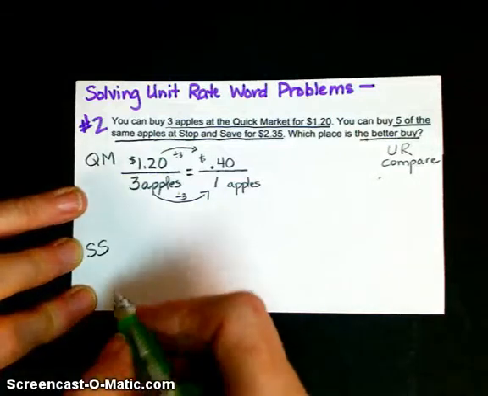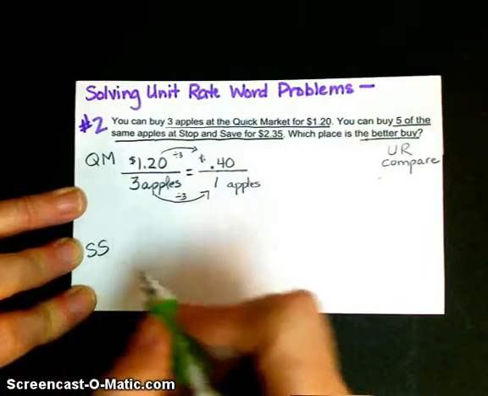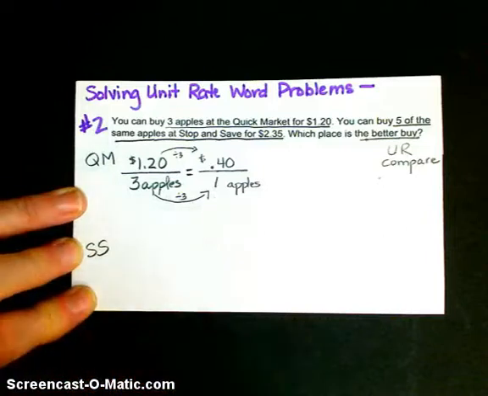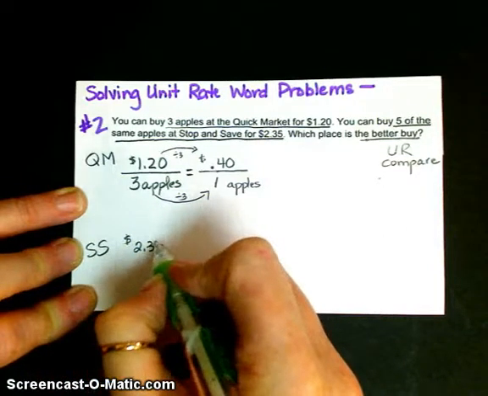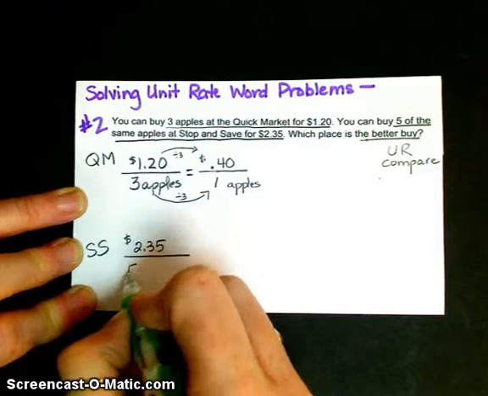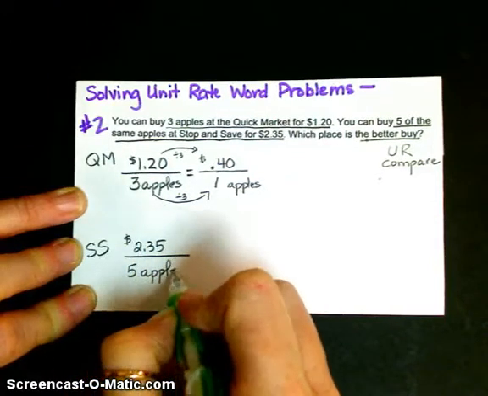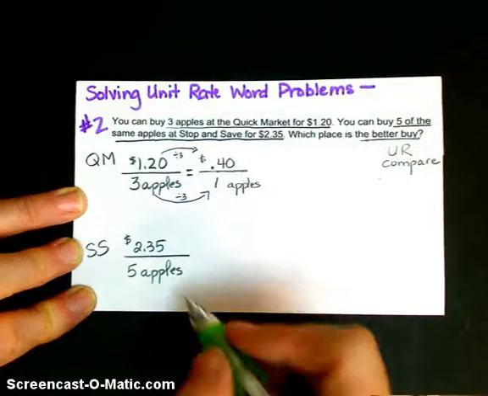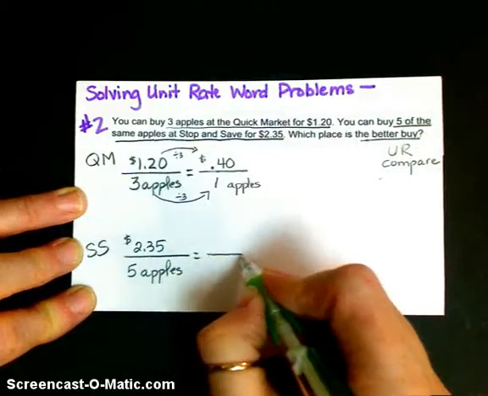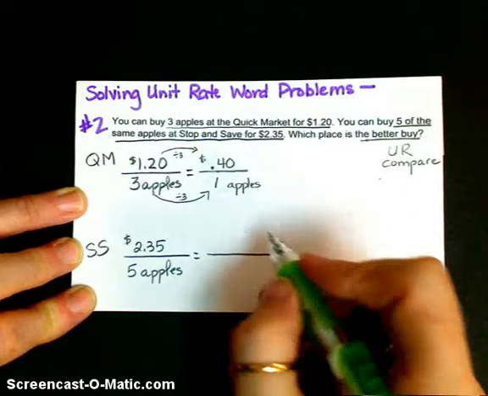Now let's do the Stop and Save. Hello, tongue-tied. Stop and Save. I'm going to spend $2.35 for 5 apples at that store. That's my initial rate because that is what goes together. Let's finish the skeleton of our proportion.